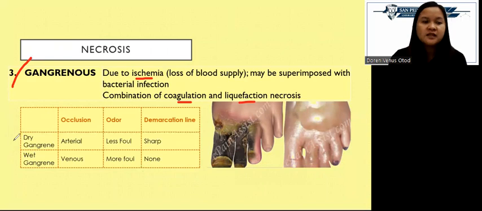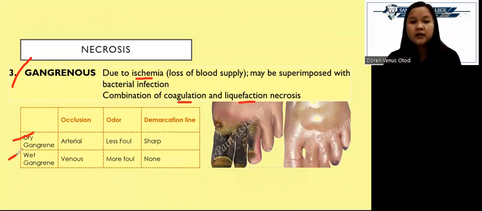So we have two basic types of gangrene. We have the dry gangrene and we have the wet gangrene. So okay, let's discuss first the dry gangrene. So this is considered as a sterile type of gangrenous necrosis. And the reason for this one is due to arterial occlusion and ischemic type of necrosis.